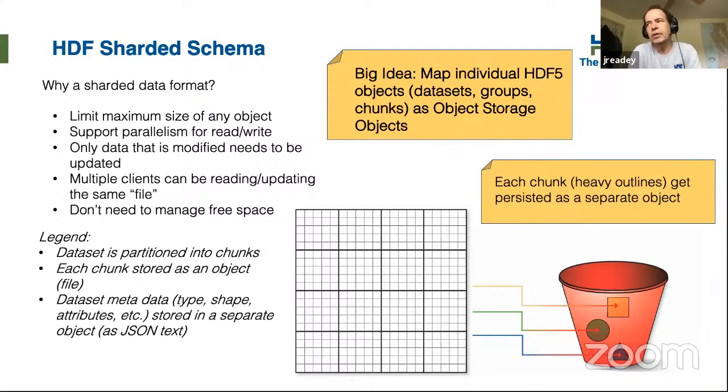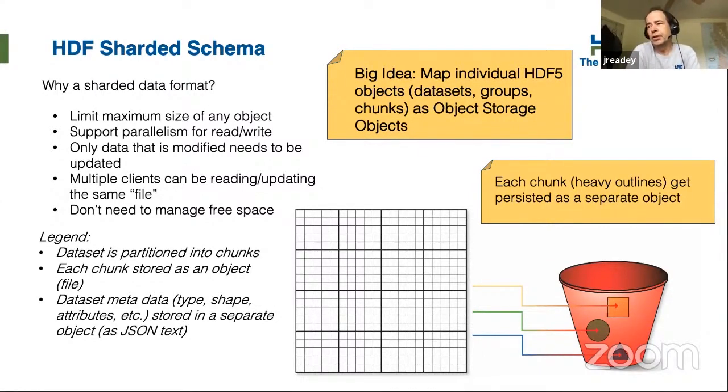And we limit the maximum size of any object. This is important in the cloud context because with most object storage systems, when you modify an object, you have to replace the entire object. So we want to reduce any excessive latency or memory usage by hopefully not having objects larger than, say, 8 megabytes.